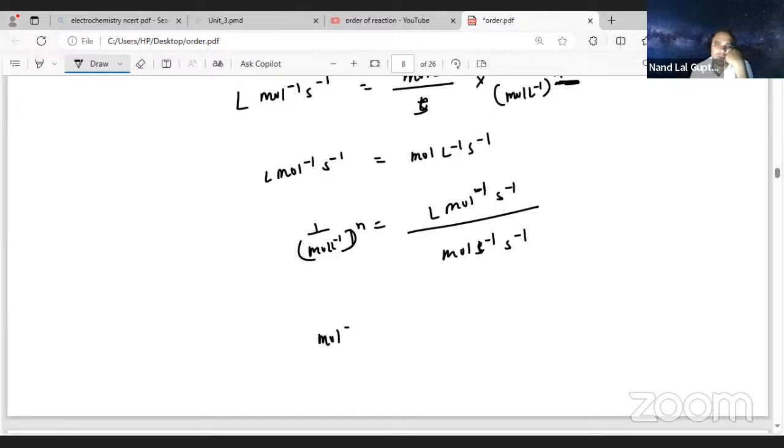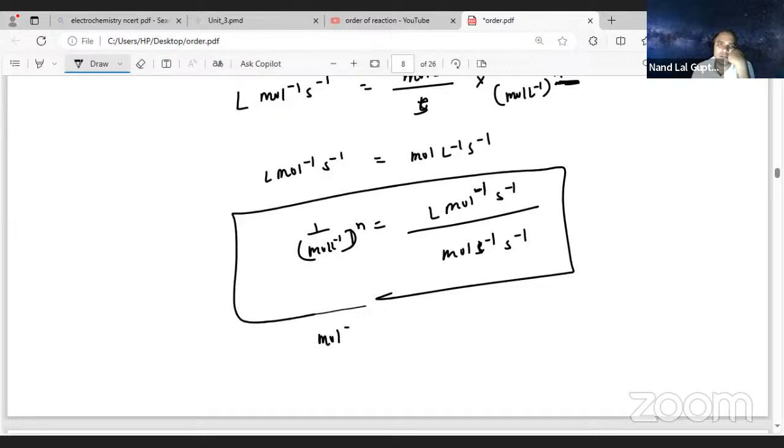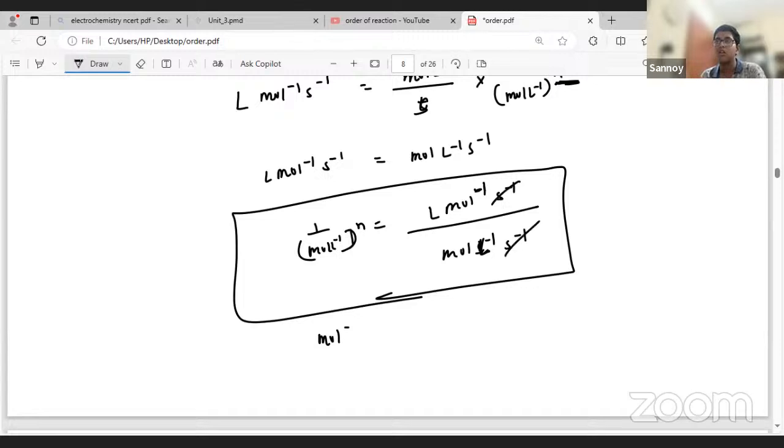Now we need to just solve this one. Mole, liter inverse, second inverse, and I will cancel out all the terms. Only second can be cancelled out and nothing else is going to cancel out.